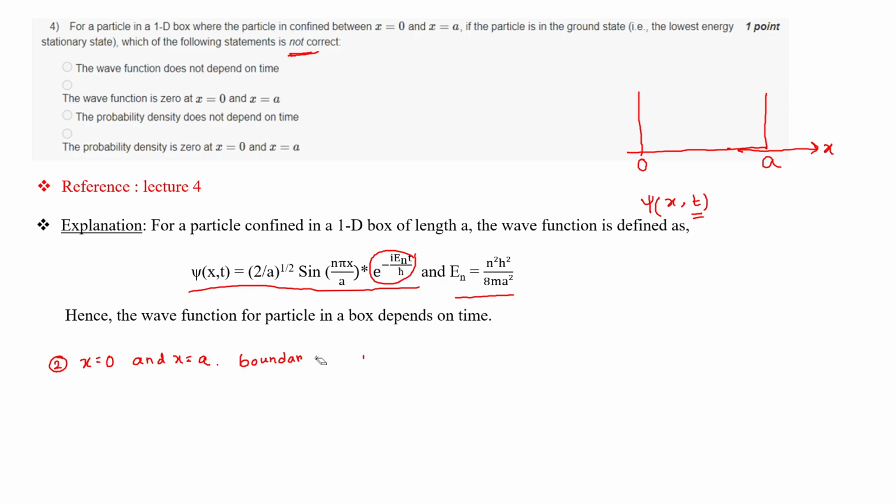So the exponent will be 0, so c square into e to the power 0, and you know e to the power 0 is nothing but 1, so it is c square.